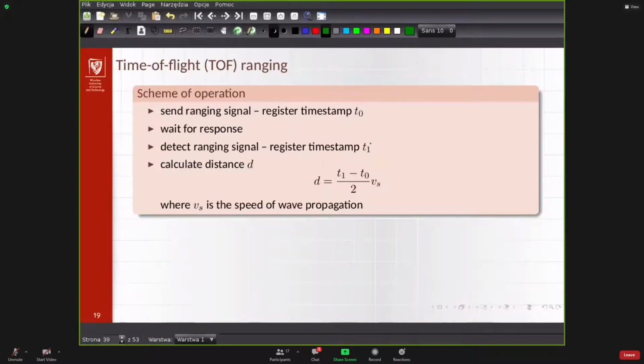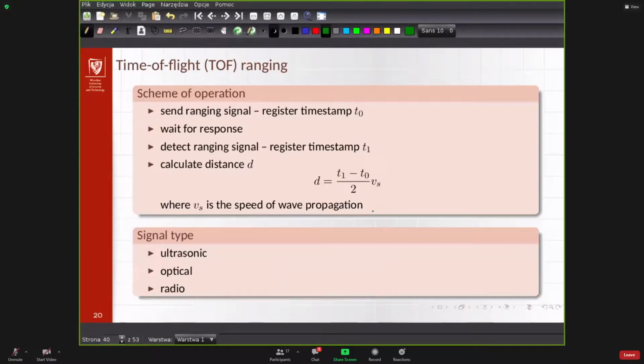So basically you do something like that: time of receiving minus time of sending, divided by 2, because you go there and back, multiplied by velocity, and that's the distance. That's returning to what I said at the beginning. You want to know and measure the distance, but in fact you are measuring the time, so it's not exactly the same value, and we will talk about the problems that it may cause.